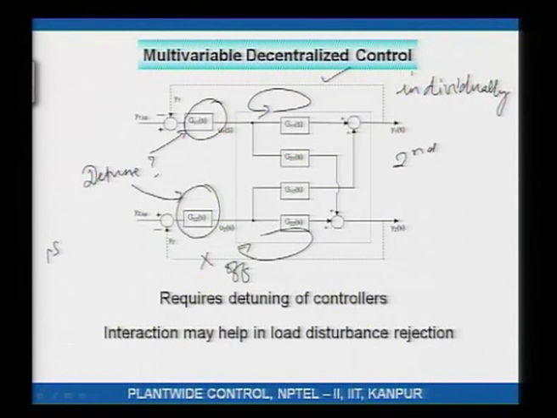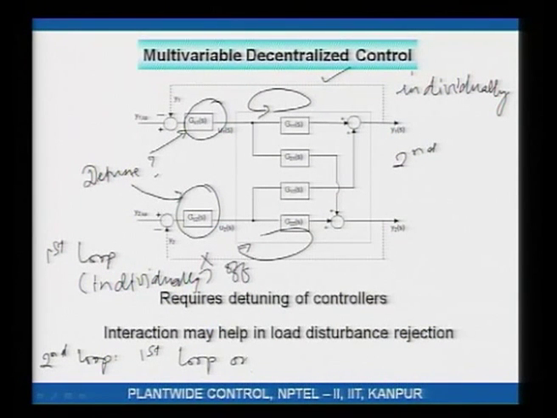So, the first loop is tuned individually, and the second loop, the less important loop where tight control is not as critical or crucial, is tuned with the first loop on. Okay. When I say first loop is tuned individually, that means the other loop is off.